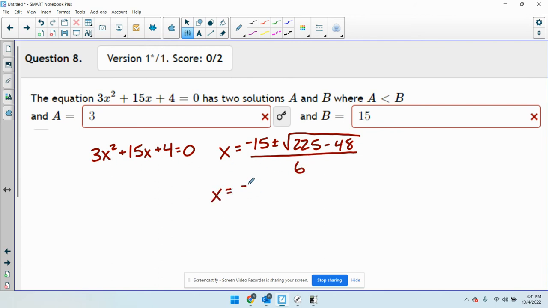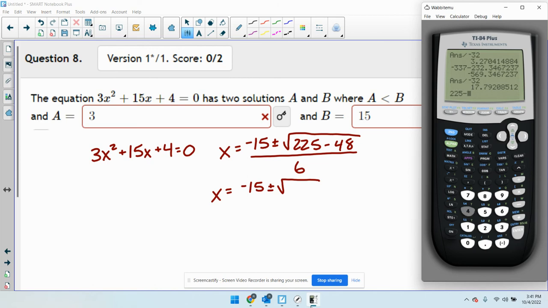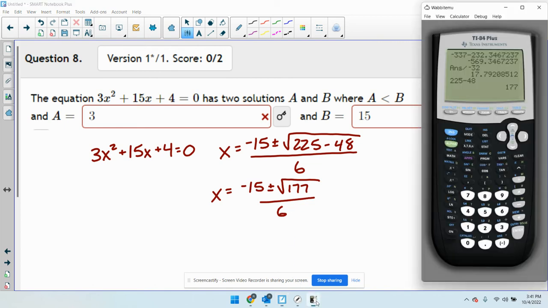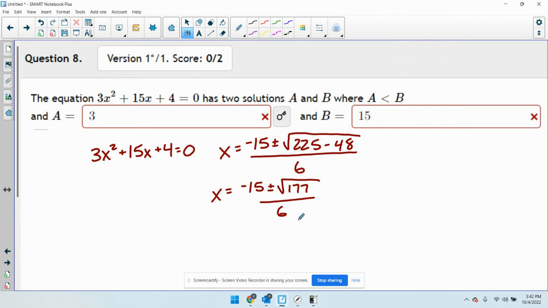This is x equals negative 15 plus or minus the square root of 177 over 6. So we do the square root of 177, 13.304. So this is going to be negative 15 plus or minus 13.304 over 6.